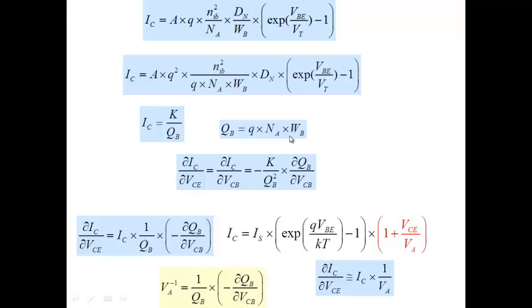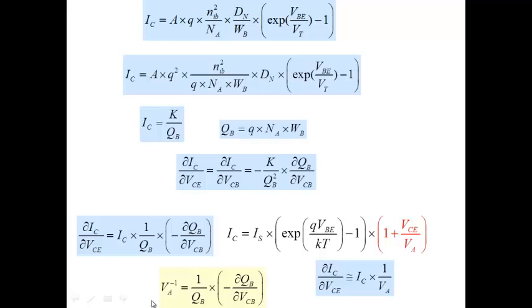Now we have to take its derivative with respect to VCB, and therefore we'll get an expression for early voltage. That's all we have to do. All right, so let's do that. Inverse of VA is 1 over QB minus del QB by del VCB.